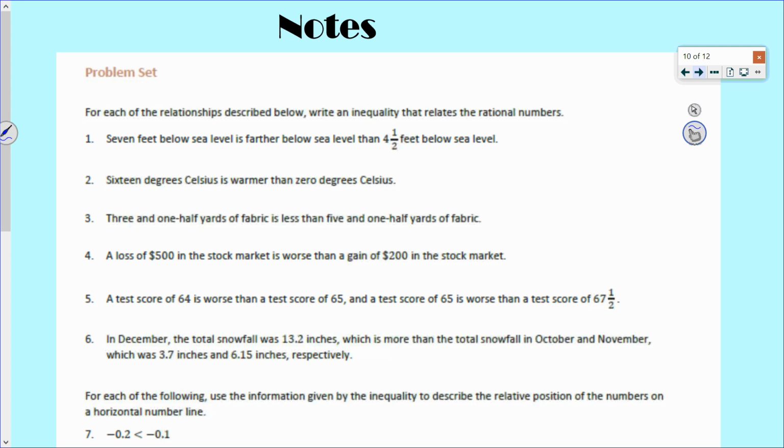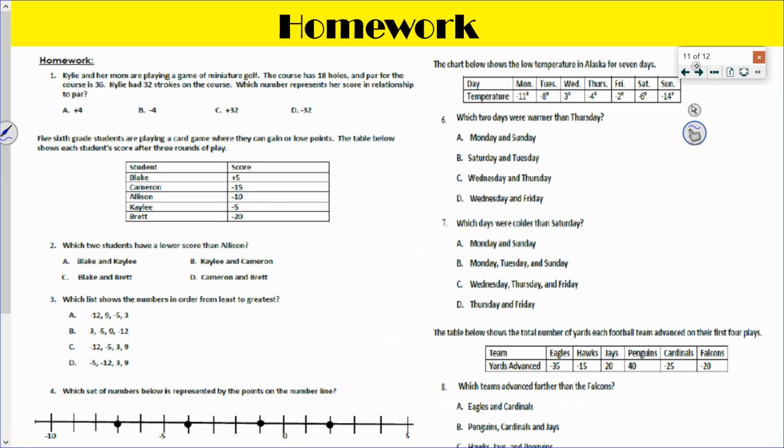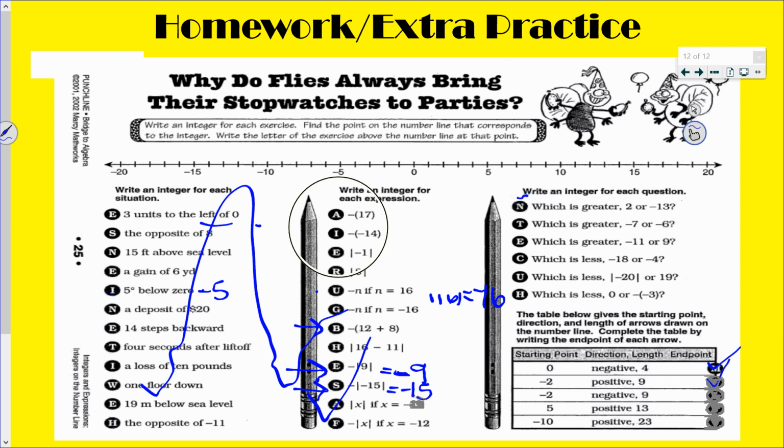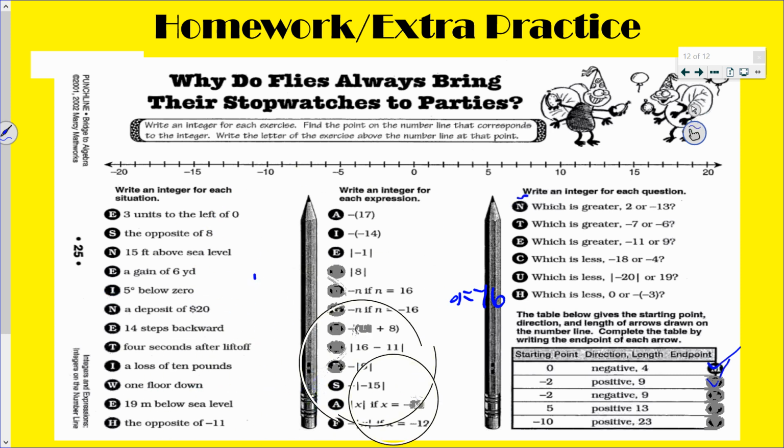The last page? Yes, this is part of your homework. It's the last page. So go to the back side, guys.